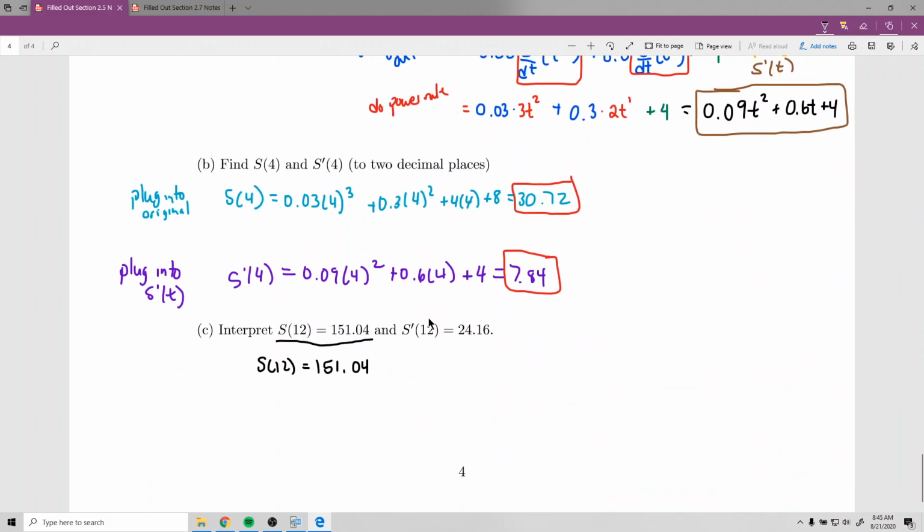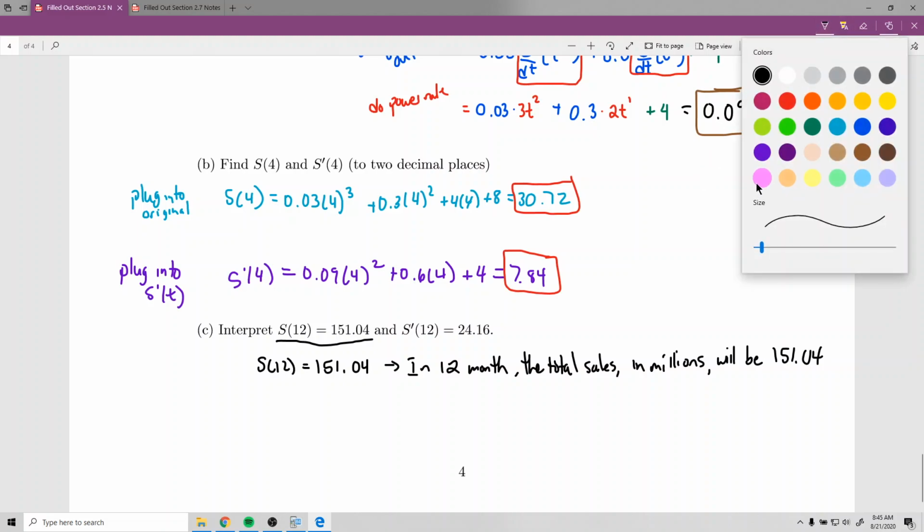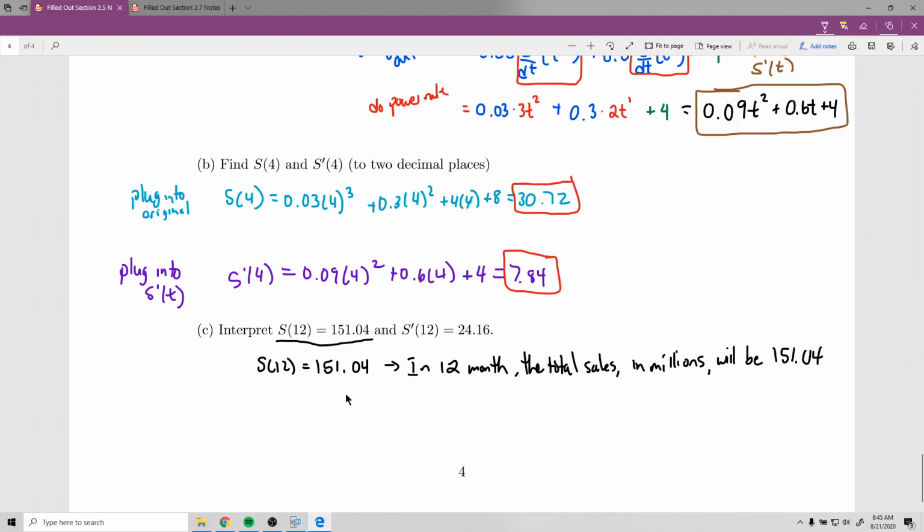This is telling you in 12 months, the total sales of this company in millions, because we're told it's in millions, will be 151.04. That's the regular function. That's what the regular function means. We can just read it off like that.